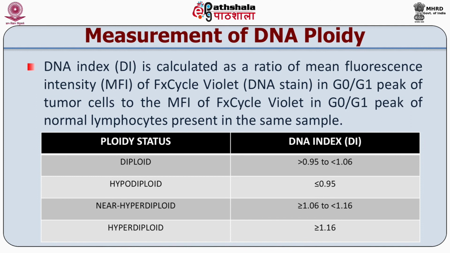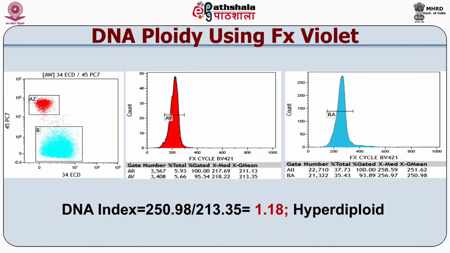The MFI or mean fluorescent intensity is a measure of the expression profile of a particular parameter or fluorophore. In this and the subsequent examples, I will be showing you the DNA ploidy using FX cycle violet dye, which is a dye which specifically binds to the DNA.